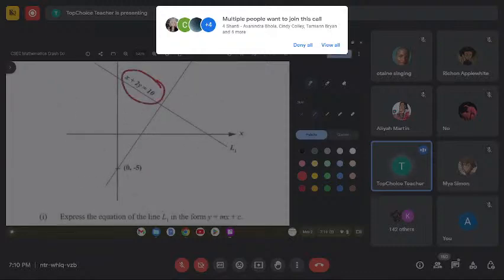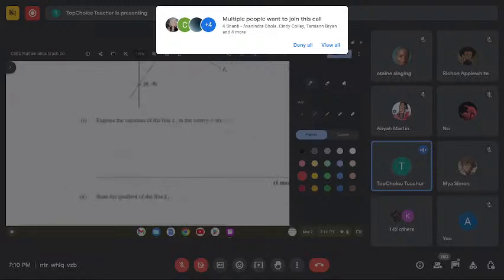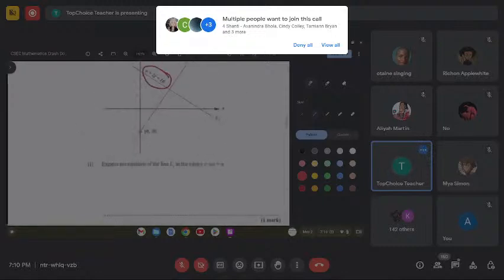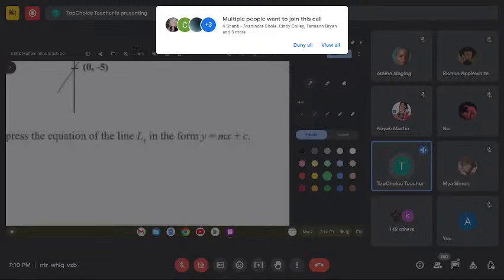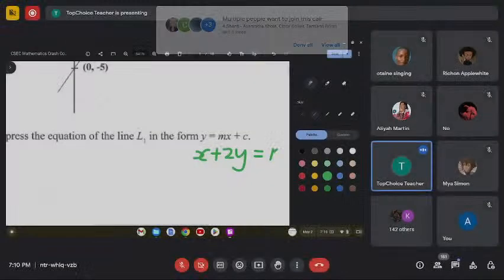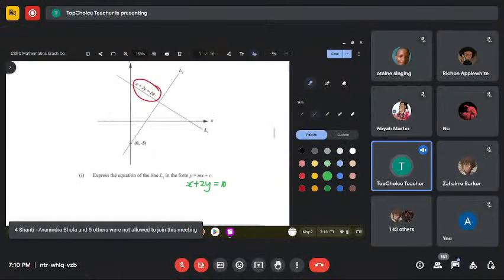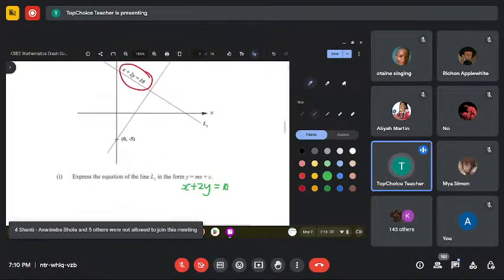I'm going to write this equation down here for us. This equation is x plus 2y equals 10. Let's just write it and look at it. X plus 2y equals 10. Was it 10? X plus 2y equals 10.